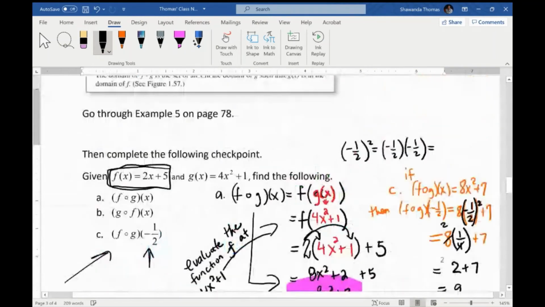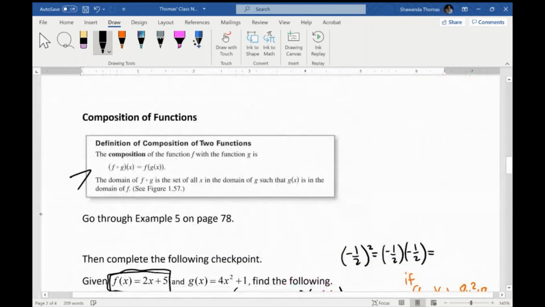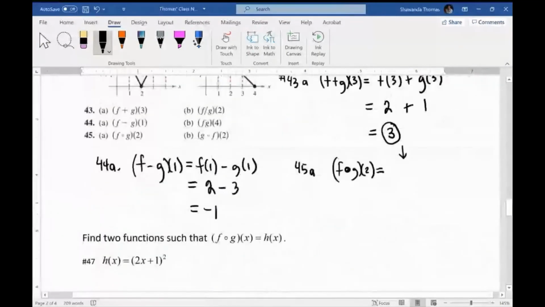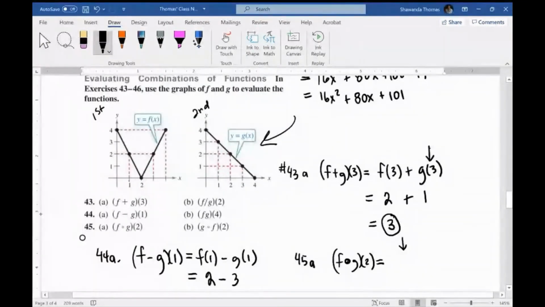So all you're doing is going back to that. So how would I write it? You'll put L F, parentheses, F G, parentheses, 2.